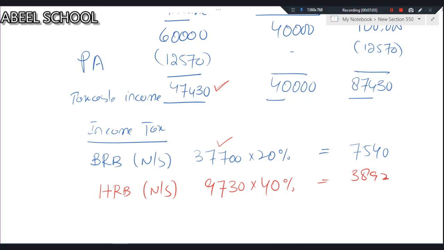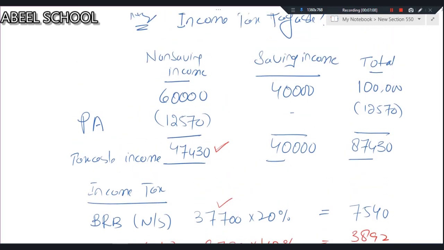Dear students, listen carefully. A very important rule which I'm telling you right now: in the non-saving column, after deducting the personal allowance, if your taxable income, this amount where I'm making a circle, is either 5,000 or more than that, then the starting rate band does not apply on saving income.